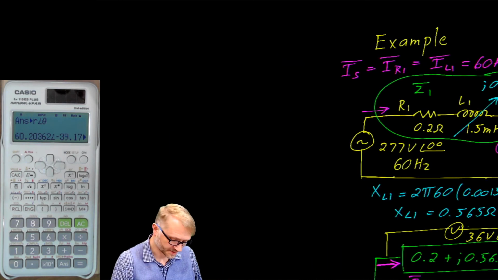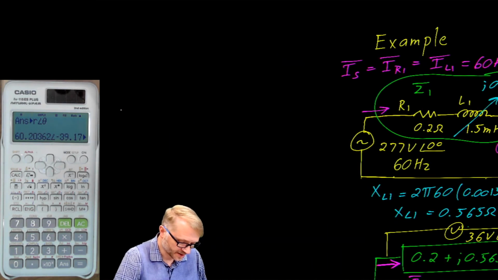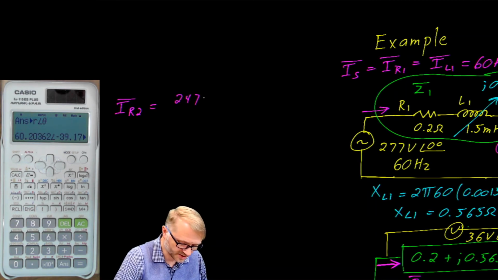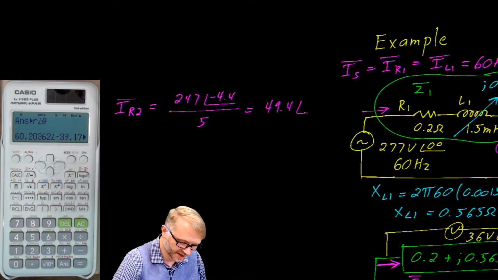Looks like we're running out of space, so we'll slide over here to do that. So the current on R2 is equal to the voltage, 247 at a phase angle of negative 4.4, divided by 5, which I believe gives us 49.5 at an angle of negative 4.4.